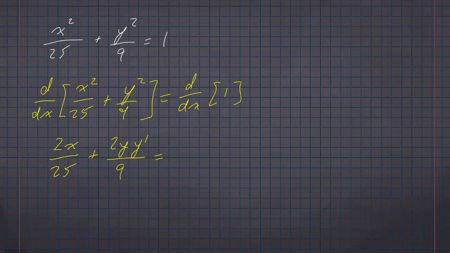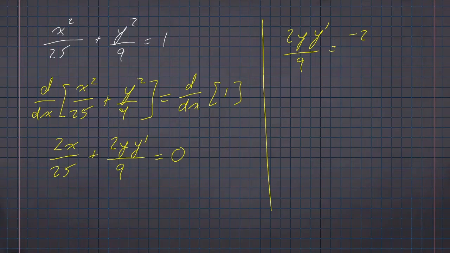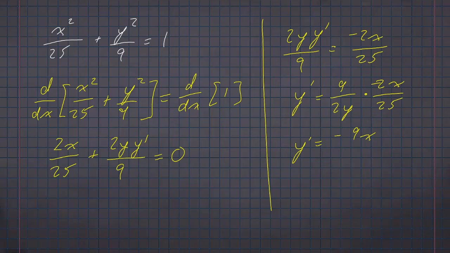And then on the right-hand side, the derivative of 1 is 0. Rearranging this equation, we can solve for y prime. And we get that y prime is negative 9x over 25y.